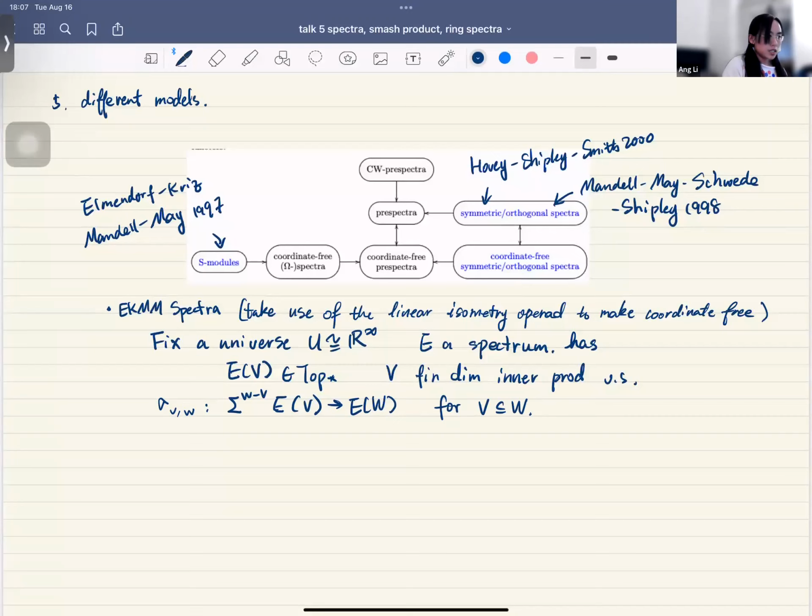All right, so let's try to see how they construct the smash product. Well, ideally, you want to have something like that. Am I making sense?